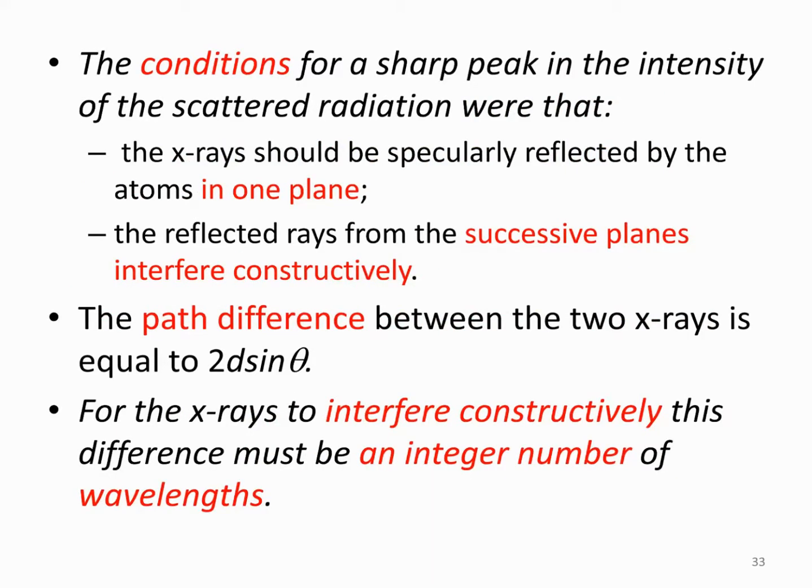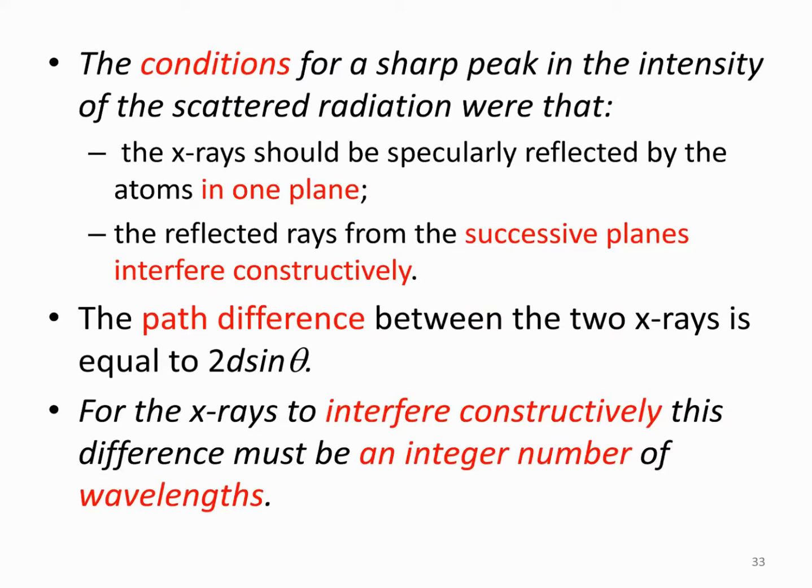So the condition for a sharp peak in the intensity of the scattered radiation is that the X-ray should be specularly reflected by the atoms in one plane. So all the atoms on the same plane will produce the interference, and then the reflected rays from successive planes interfere constructively. All the atoms on the plane will produce the same interference, right?